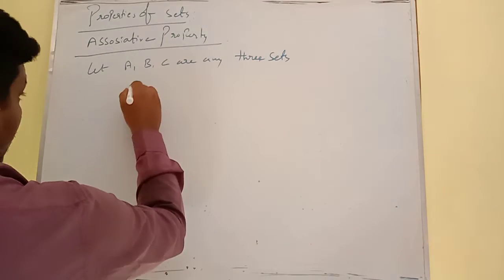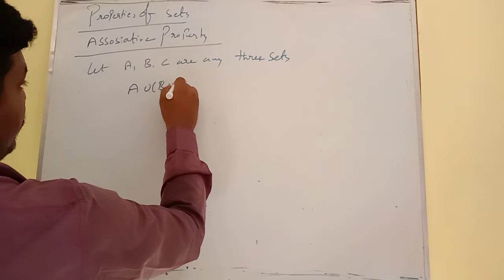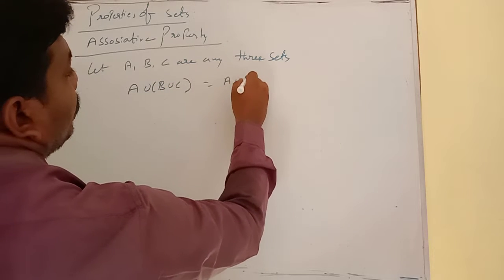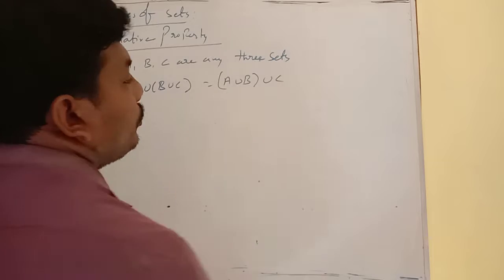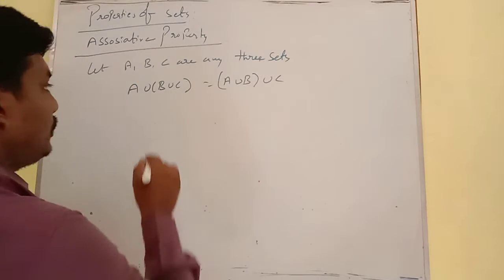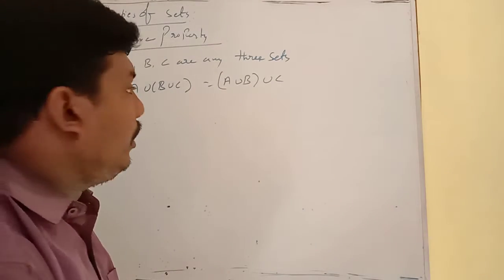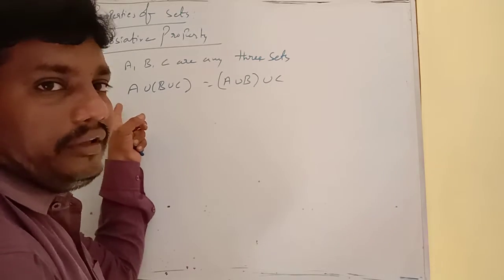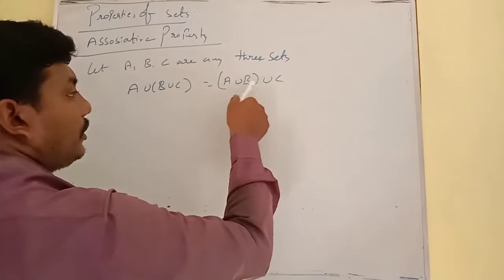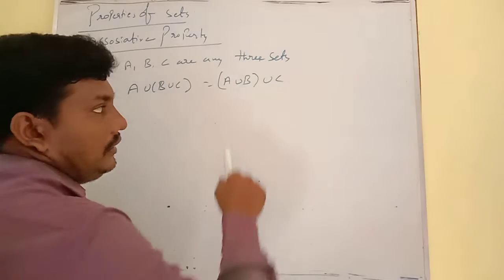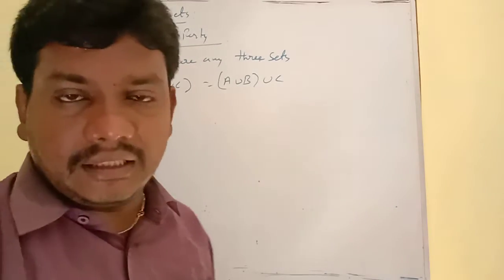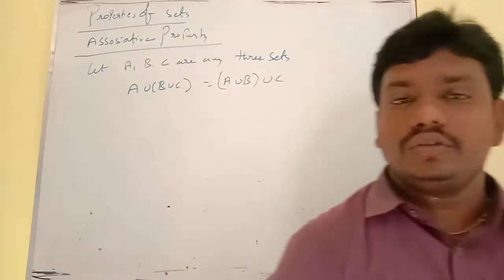Then A union (B union C) is equal to (A union B) union C. First we should consider A union B elements, after that we make the union with C. So this is about associative property.